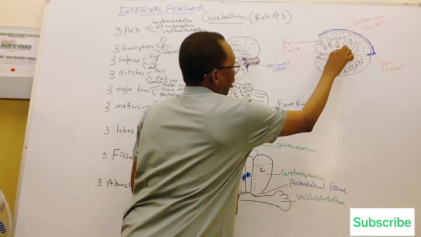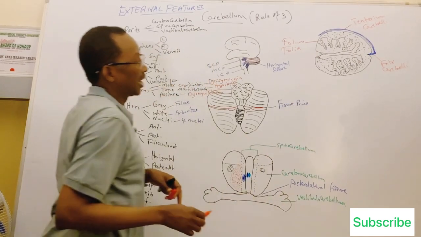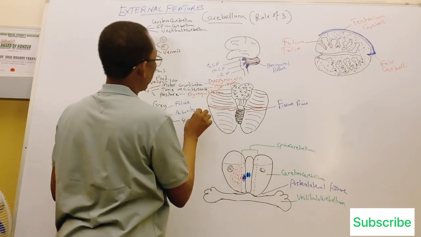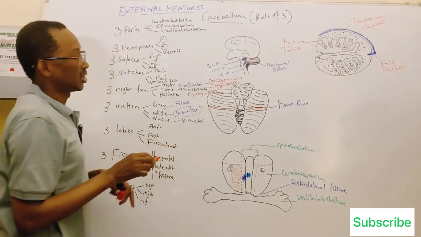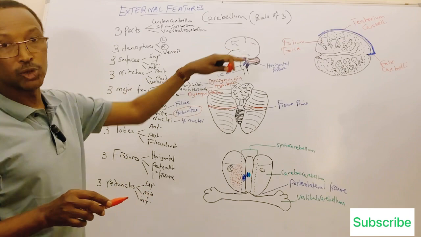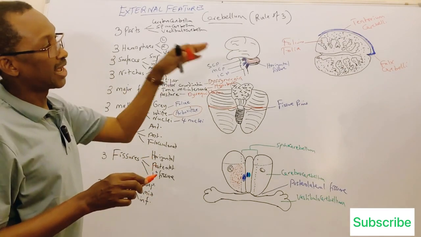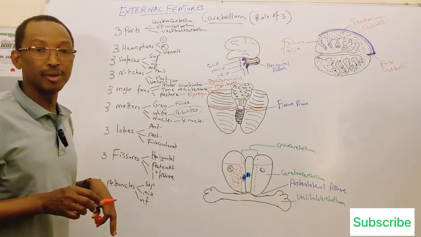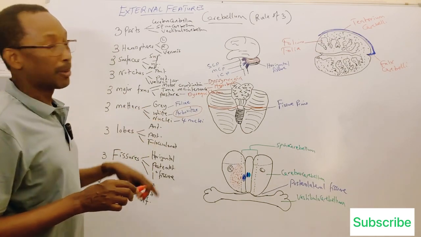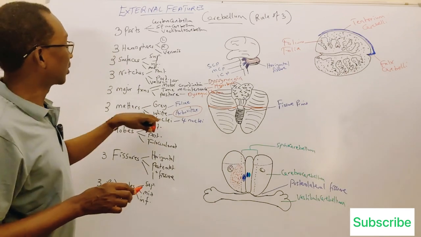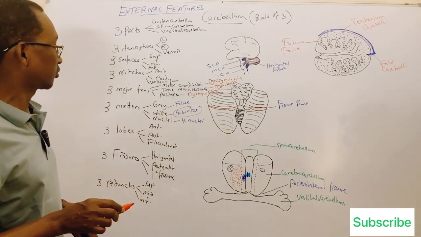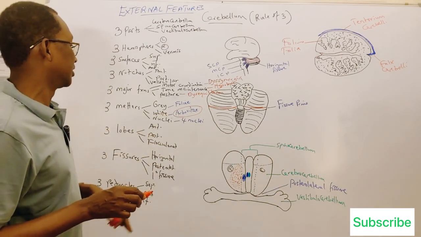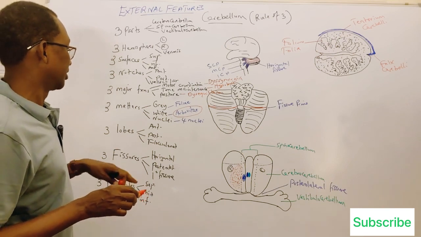By this arrangement, you will see that the white matter of the cerebellum looks like a tree, and that is why it is called arbor vitae. It is called arbor vitae because the arrangement of the folia in the white matter of the cerebellum looks like a tree. Within the white matter of the cerebellum, there are about 4 nuclei. I will discuss the functions of each of these nuclei when I discuss the internal structures of the cerebellum.